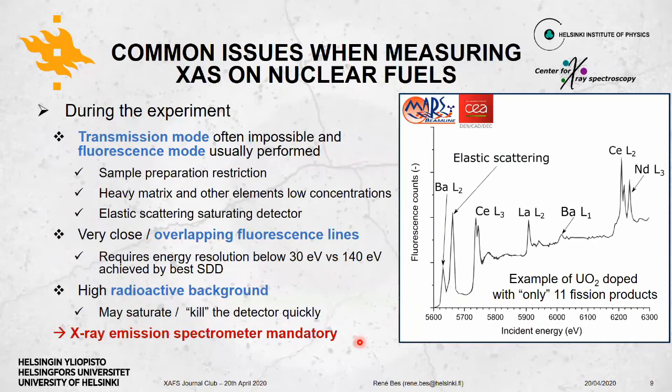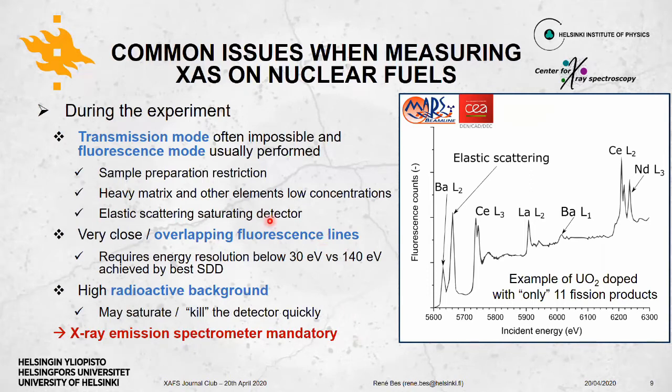During the experiment, issues are not ending, because most of the time you cannot do transmission mode because of the heavy matrix containing actinide, and you cannot prepare the sample easily, and because other elements inside your sample are low concentrated.